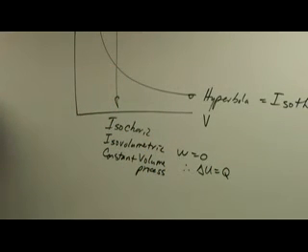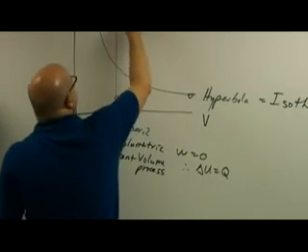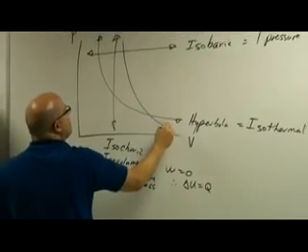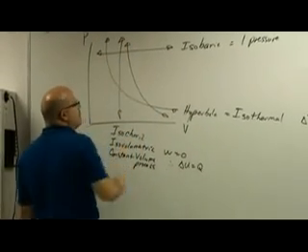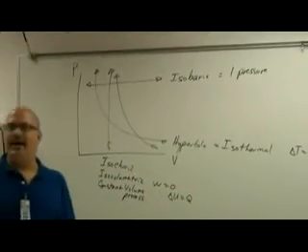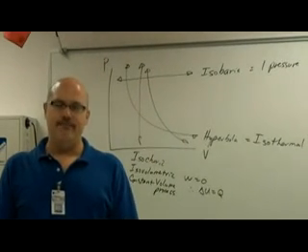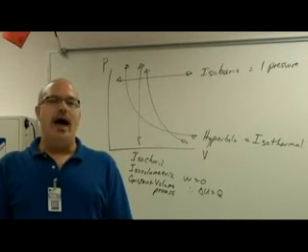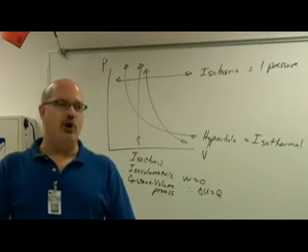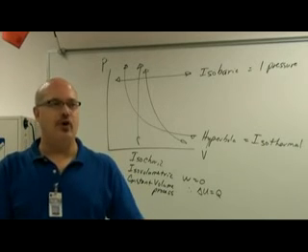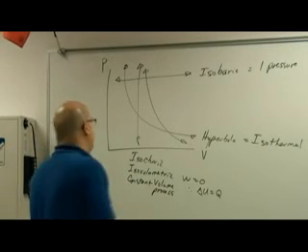Now, there is one more special process. This is an important one. It looks like this. It looks a lot like a hyperbola, except it's going to be steeper. Now, how do you tell this one from a hyperbola, or from an isotherm?